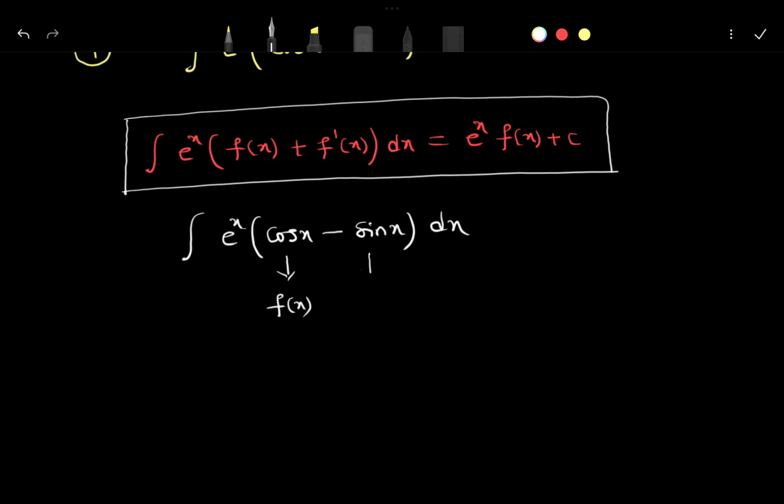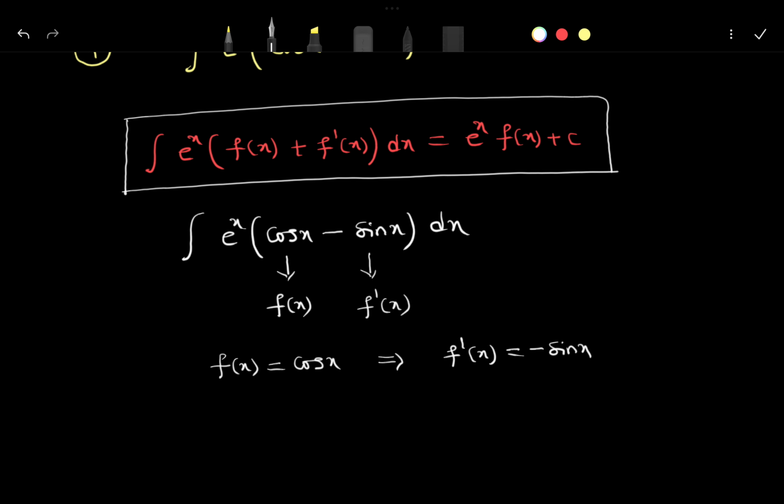Then obviously f dash of x will be equal to minus sin x. So what is the f dash of x value? The derivative of the function, f dash of x, is equal to minus sin x.